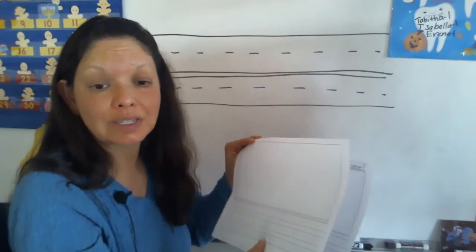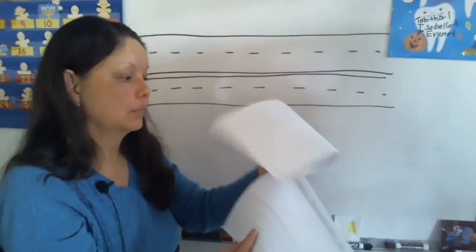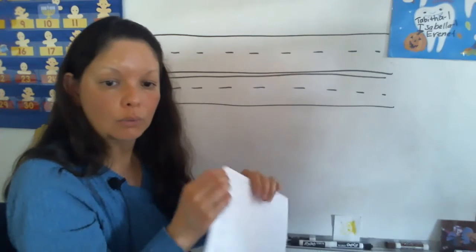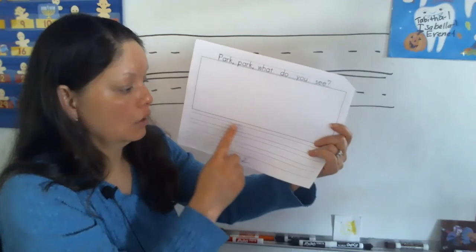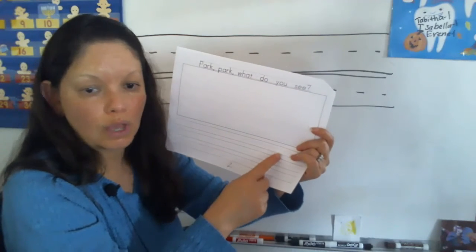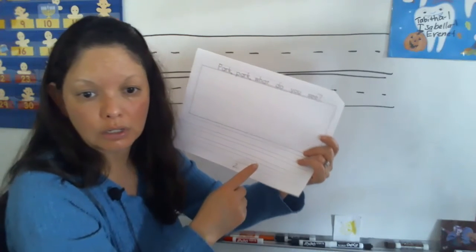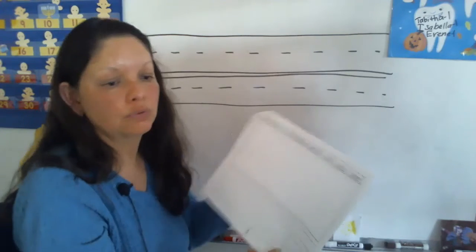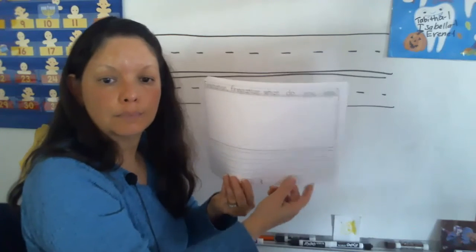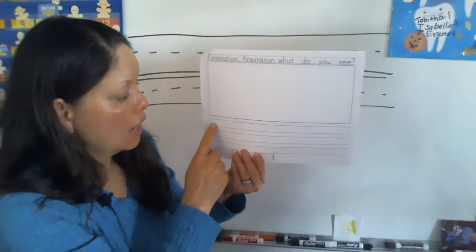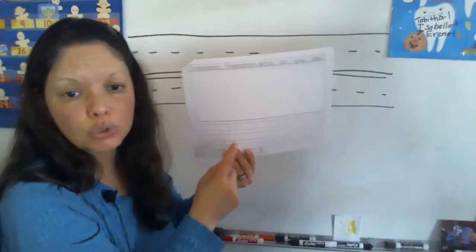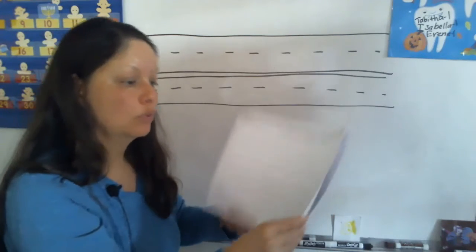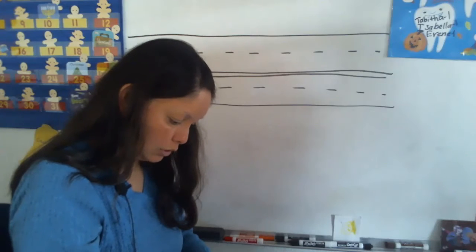So they wrote a second sentence by themselves. Then park, what do you see? And we wrote, I can go to the fire station. Then fire station, what do you see? And then we wrote, I can go to the post office. Post office, what do you see?